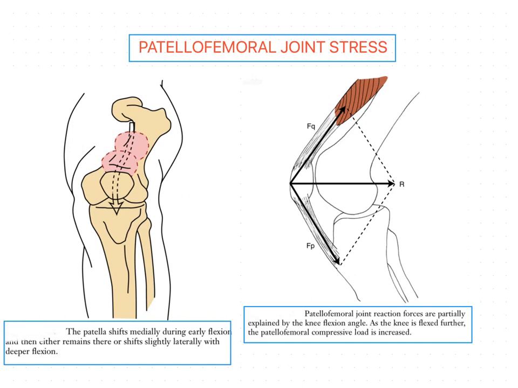So this joint stress can be influenced by two factors: one is altering the joint forces, or the other is altering the joint surface contact areas. Based upon these two factors, the patellofemoral joint stresses are influenced.